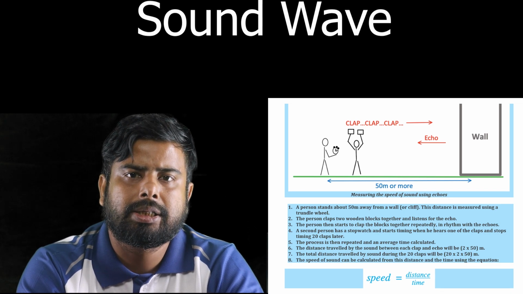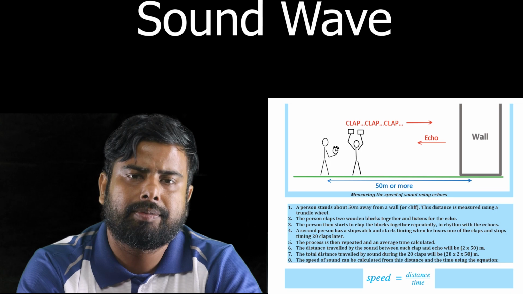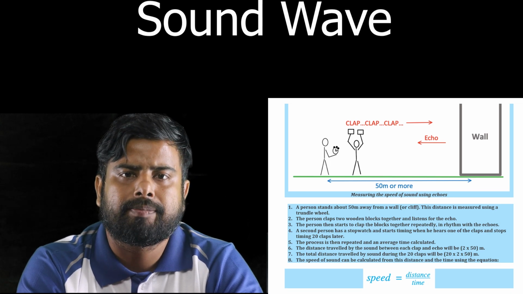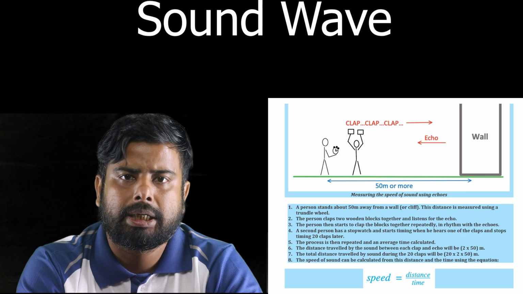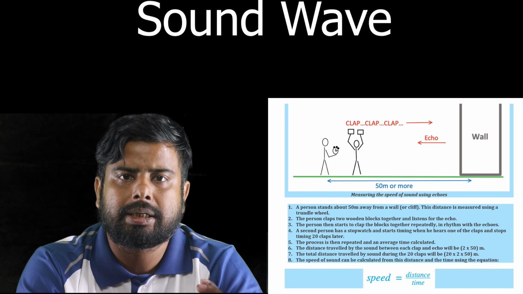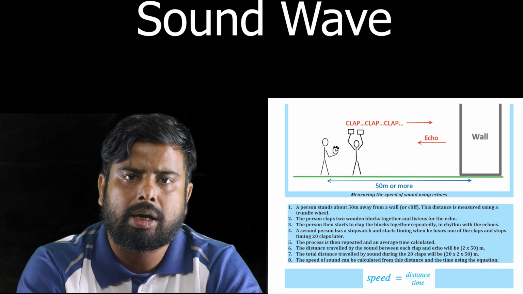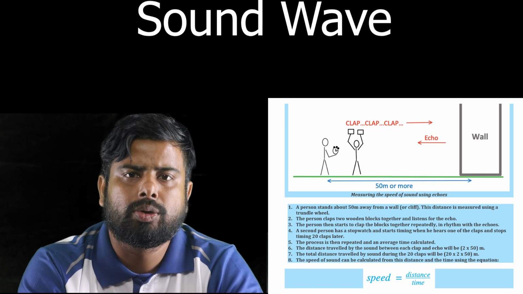Here distance is twice d and time taken is t, so speed equals twice d divided by t. But here the total distance is covered by the sound during 20 claps, so 20 into twice d divided by t.